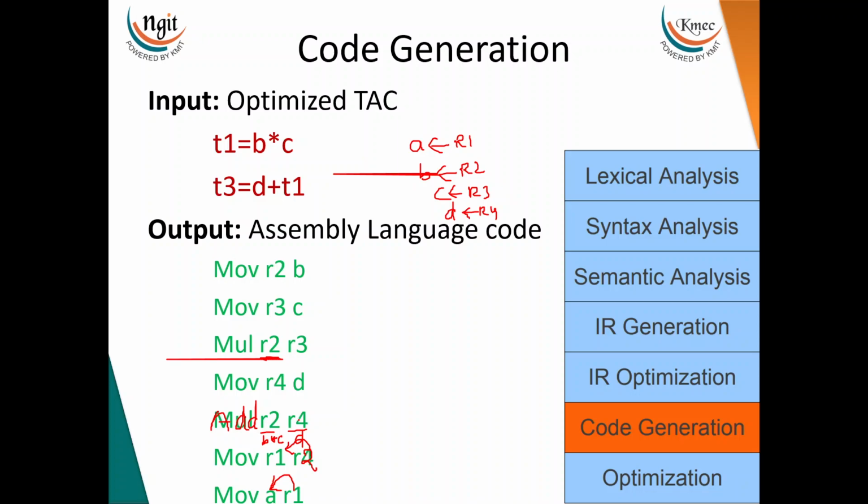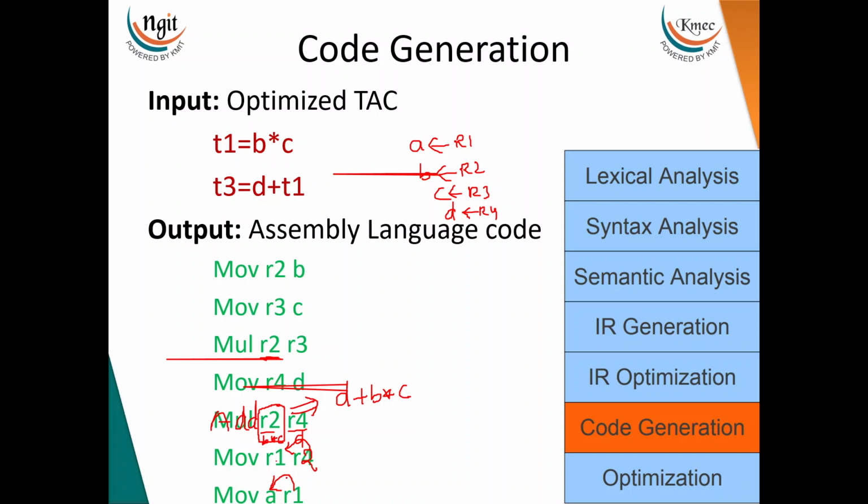But the problem is guys, listen here. Add R2 comma R4 means the addition of B star C and D will be in this R2 again. Now what is R2 having? D plus B star C. Now why again are we moving R2 to R1 and R1 to A, when R1 is dedicated for A?